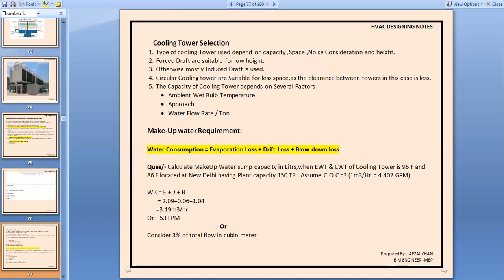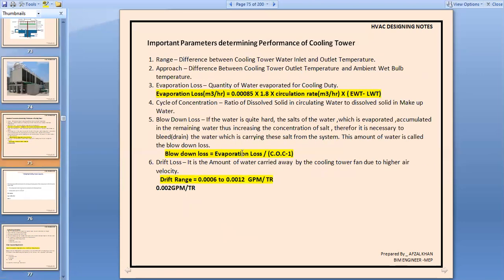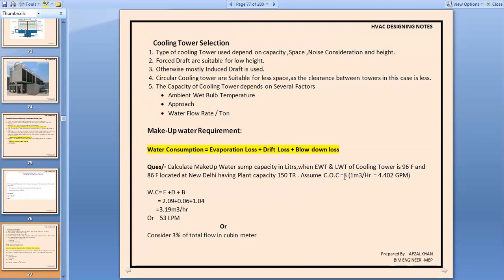Now blowdown, what is the formula we have? Evaporation divided by COC minus 1. So evaporation is how much? This is the evaporation divided by bracket start, COC is given as 3, minus 1, bracket close, and you can sum up this one.